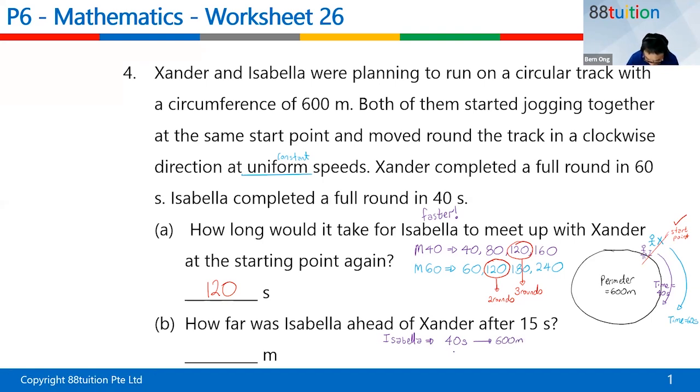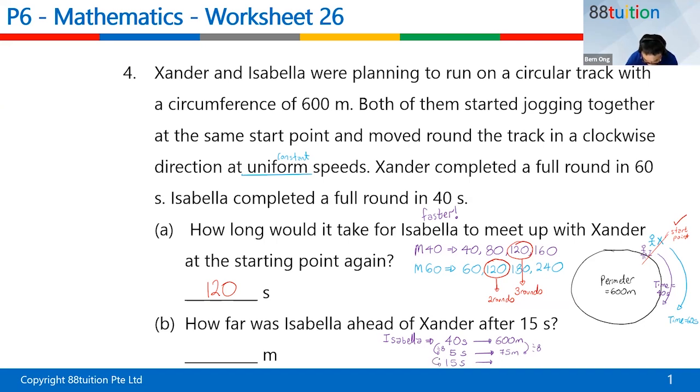But before finding 15 seconds, can we find 5 seconds first? It's easier to divide. So 40 divided by 8 is 5. 600 also must divide by 8. This is called rate. If you divide by 8 on the left, you must divide by 8 on the right. 75 meters.